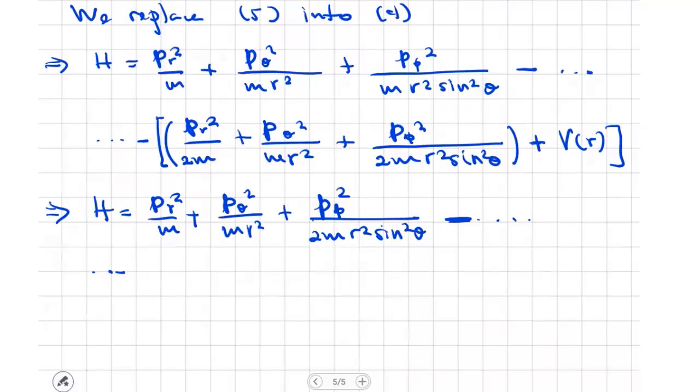I have enough room here to keep writing in the same line.